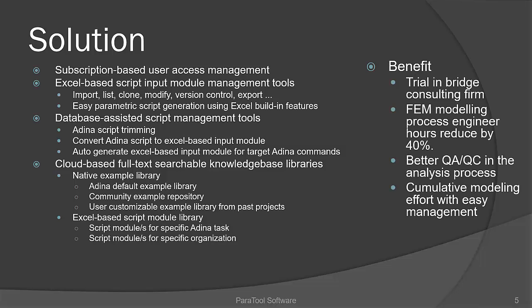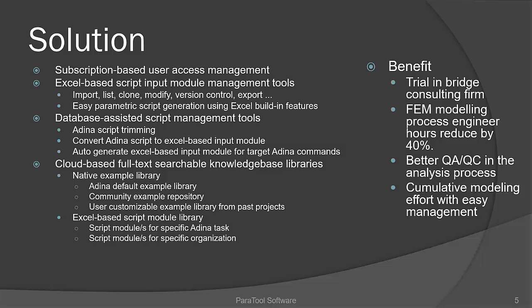A trial of this middleware in a consulting firm of a bridge found that engineer hours were reduced by more than 40% as a conservative estimate, and it's better for quality control and quality assurance during this process, as modeling is often an iterative process.